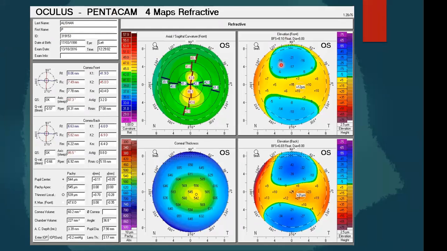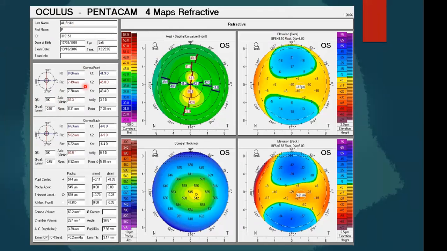What you have to say is that this is a quad map analysis of patient XYZ of the left eye of the patient. Then you come to the quality indicators of the scan. So QS stands for, this is most important to see before you say anything. So the quality of the scan is okay. That is good. That is the first thing that you should say.